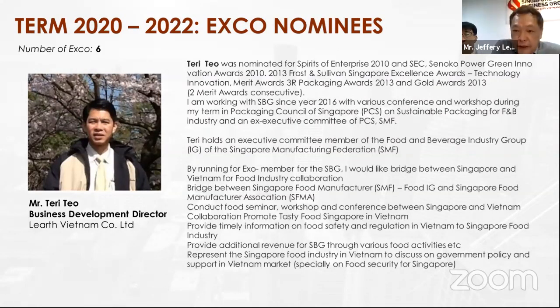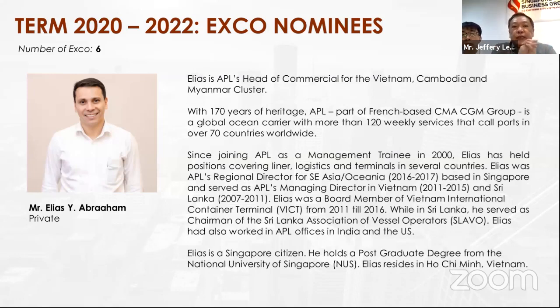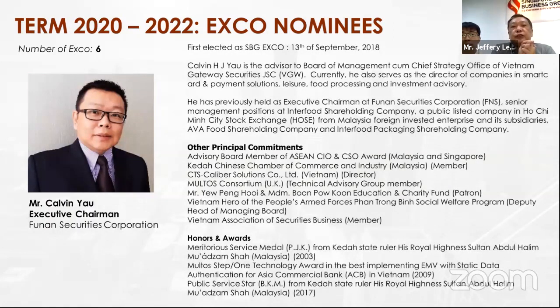Okay, thanks a lot, Terry. Thank you for your introduction. Sorry about that. We now allow members 2 minutes to proceed with the voting. You will see on your screen a choice of 6 out of 7 nominees. It's a multiple choice.